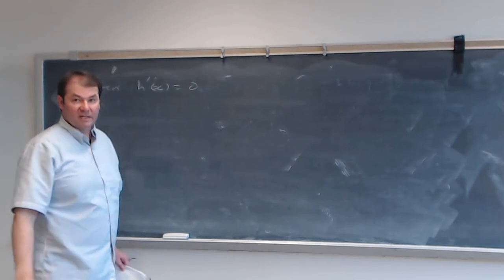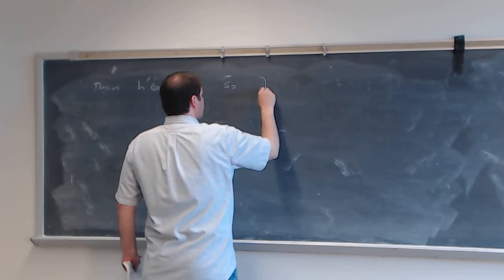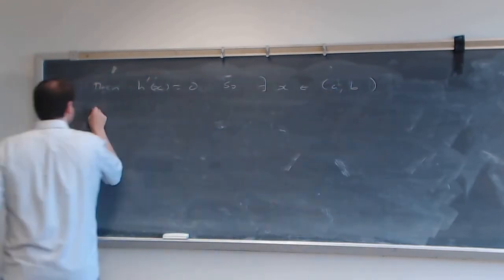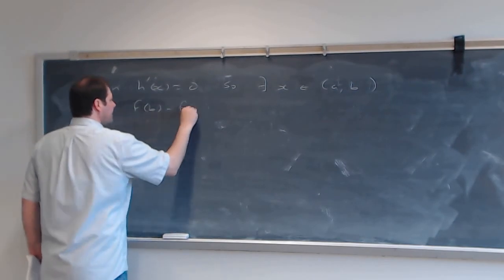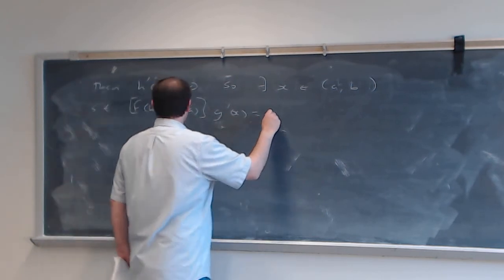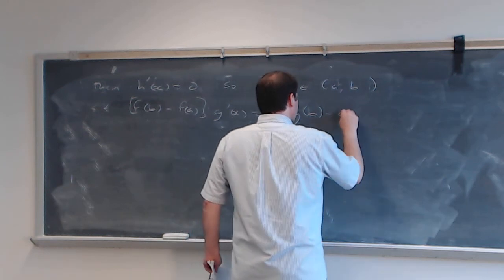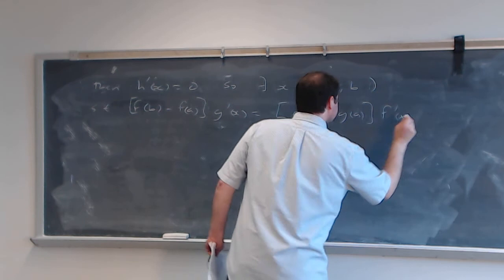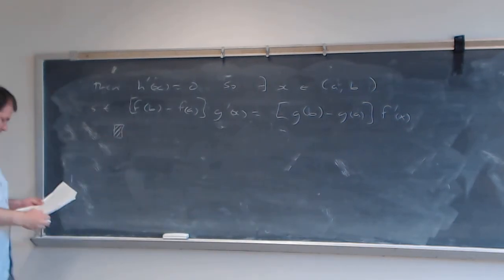Now that's about what we did last time. So, for that particular x, there exists an x element of A to B such that f of B minus f of A times g prime of x will be equal to g of B minus g of A times f prime of x. And that's what we wanted to show. I conclude that theorem.